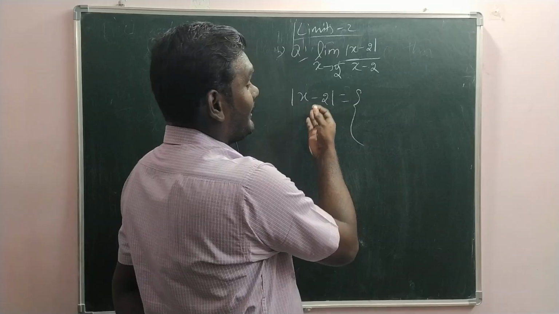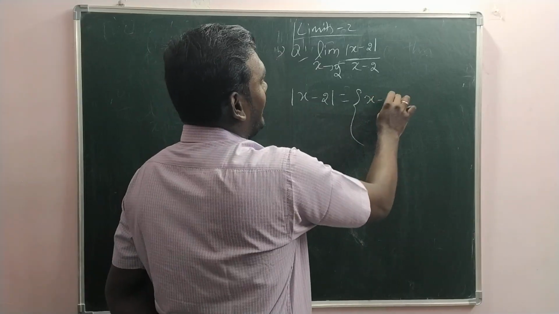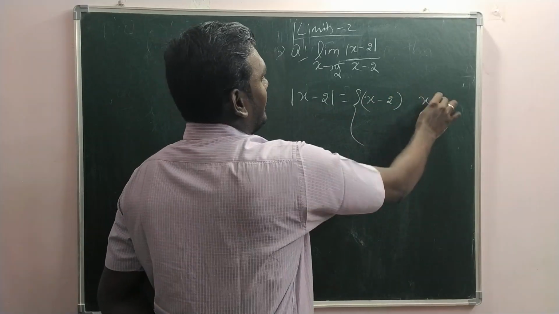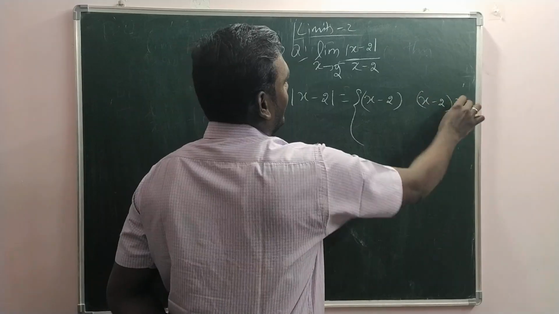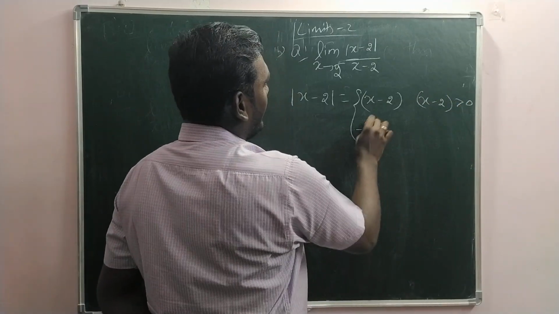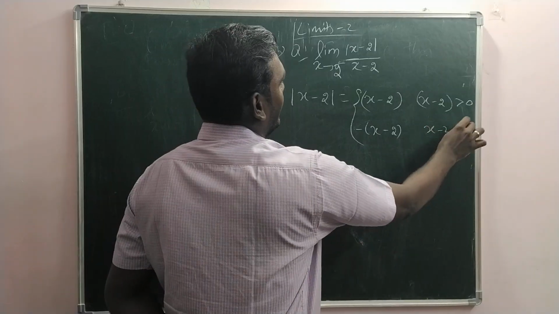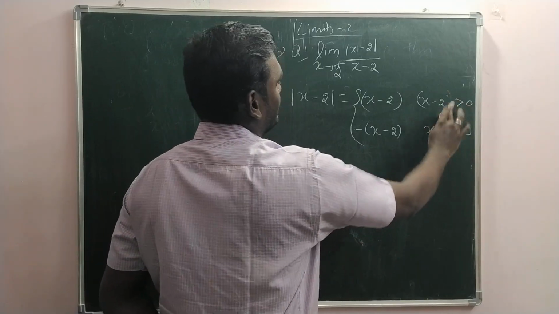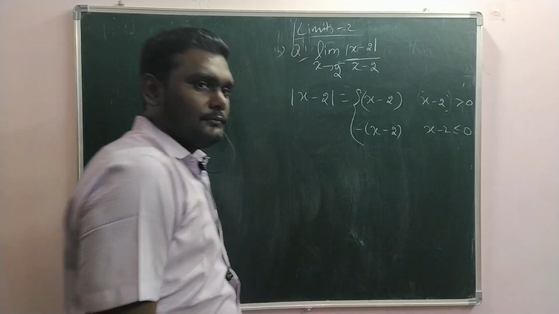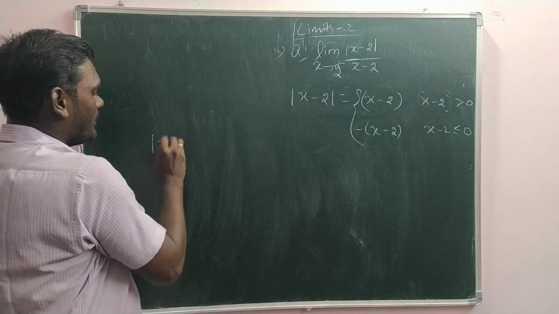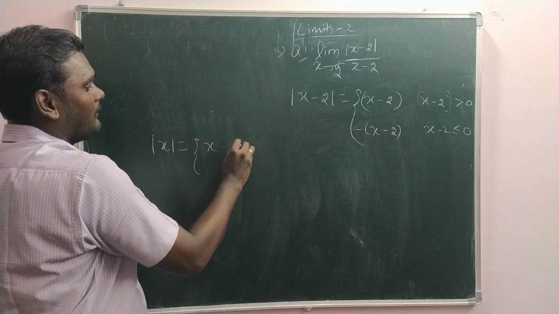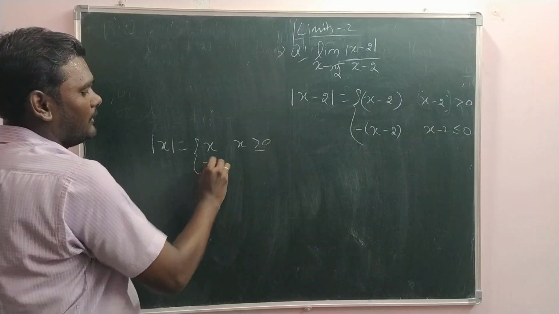What is the mod x definition? That is positive of whatever is inside when the given inside value is greater than 0, and negative of the given thing when the inside value is less than 0. You understood the definition, right? Like mod x, I have written mod x is equal to positive x when x is greater than or equal to 0.